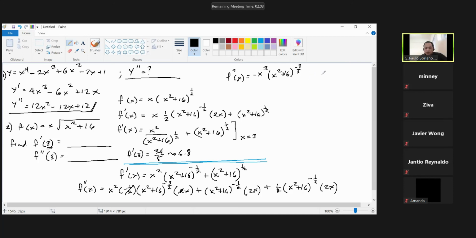Then plus x times (x squared plus 16) raised to negative 1/2. We can combine this. Ah, we got the 2x, we have 2x over here, so there should be 2x in front. Sorry.